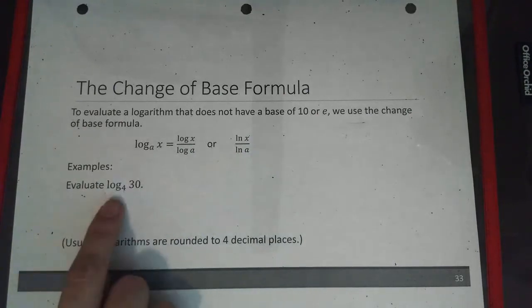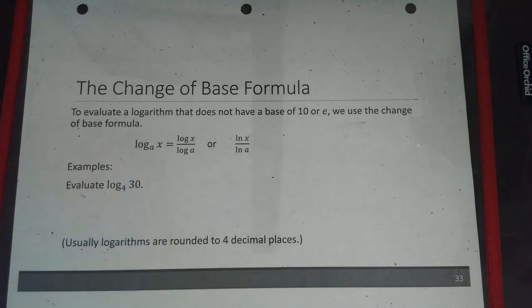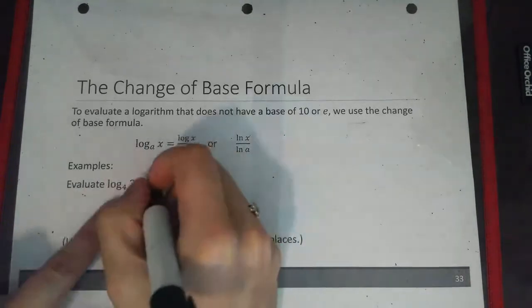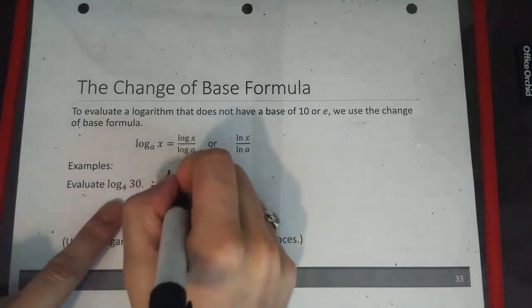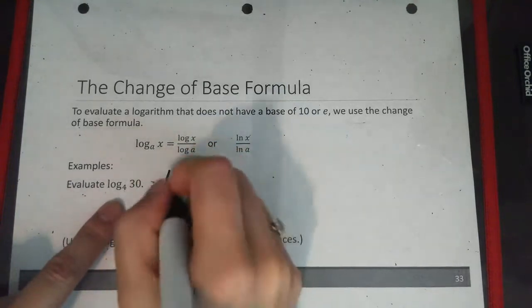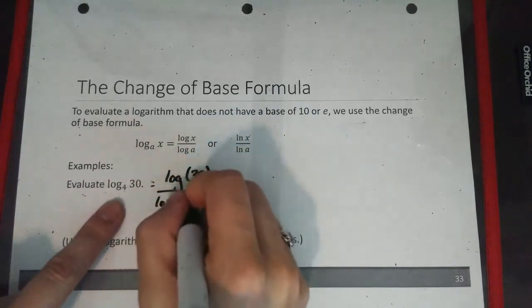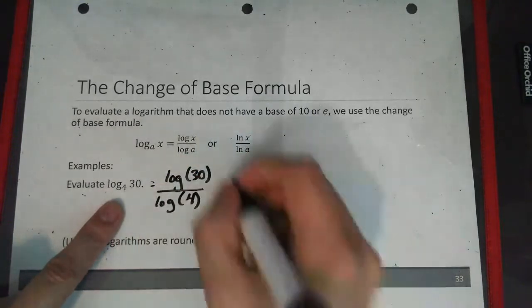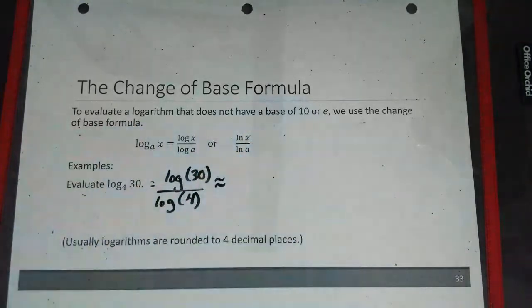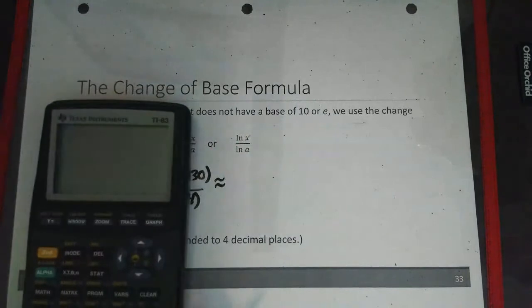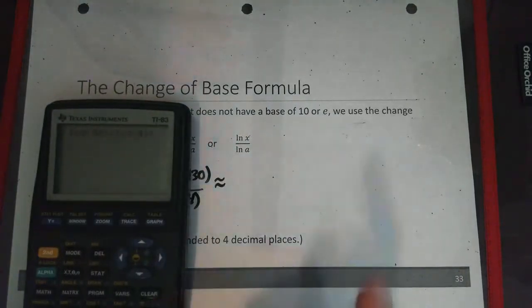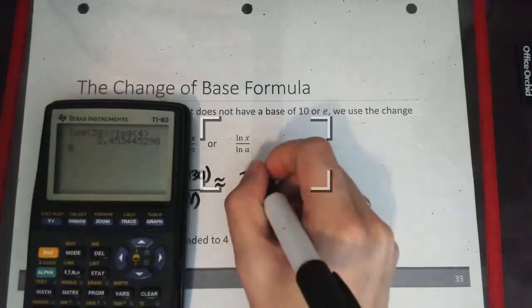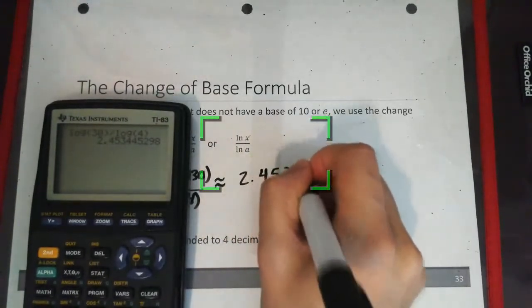So if we want to calculate log base 4 of 30, using this change of base formula, I can use the log of 30 over the log of 4. I could use the common log. Let's see what that gives me. The log of 30 divided by the log of 4. I'm getting 2.4534.